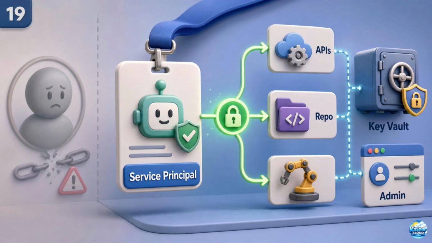Service principal authentication is a foundational requirement for enterprise-grade Fabric CI/CD automation. Production deployment pipelines should never depend on an individual user account because user credentials expire, permissions change, employees leave organizations, and operational ownership becomes difficult to govern. A properly configured service principal can authenticate securely to Fabric APIs, Azure DevOps, Git repositories, and supporting automation services.